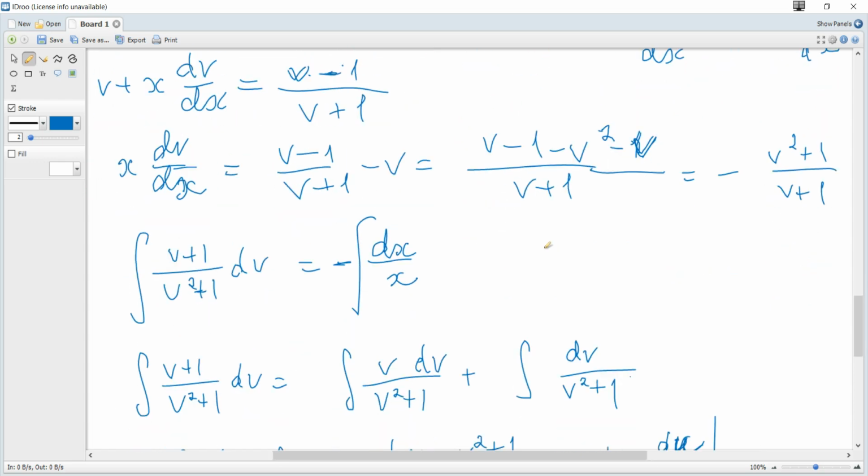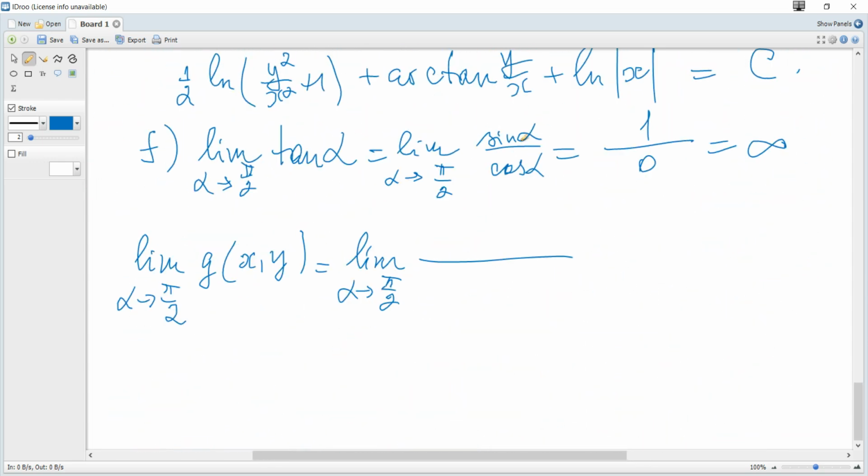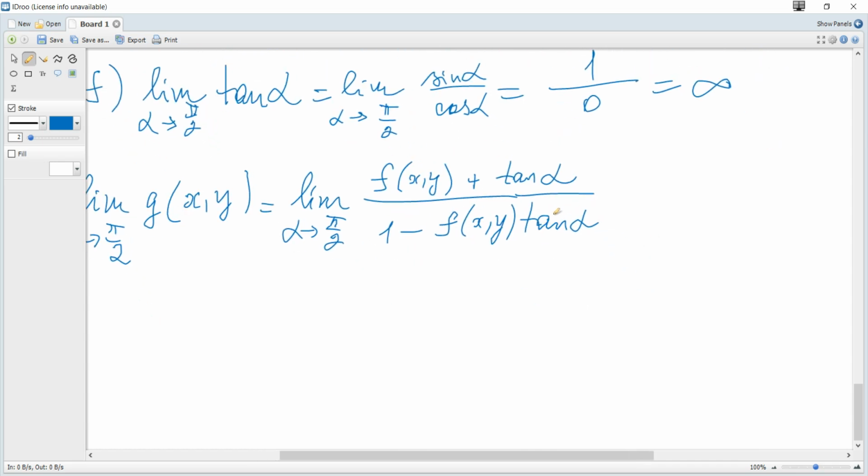Actually, it's f plus tangent alpha over 1 minus f times tangent alpha. Notice that we consider limit with respect to alpha, so variable is alpha here, and f is some parameter, like a constant with respect to alpha.